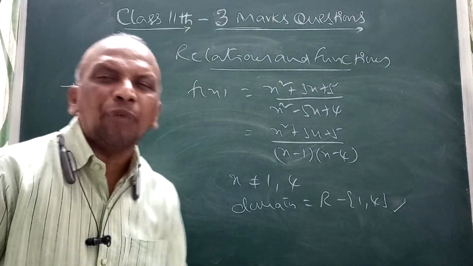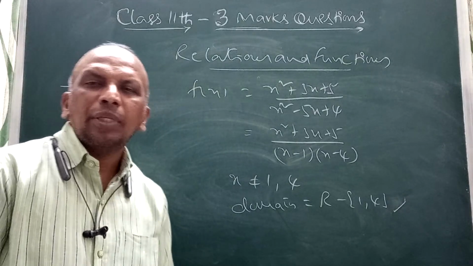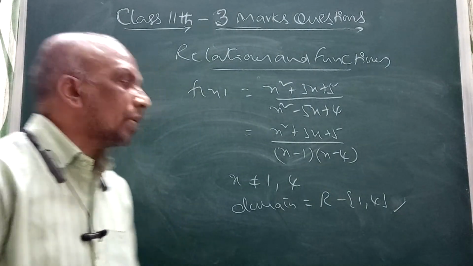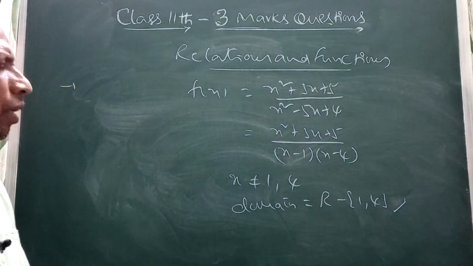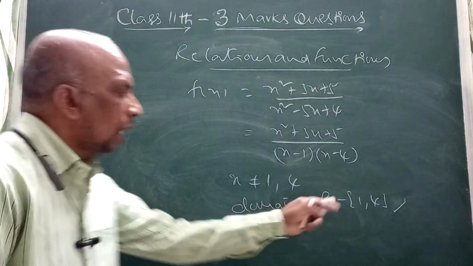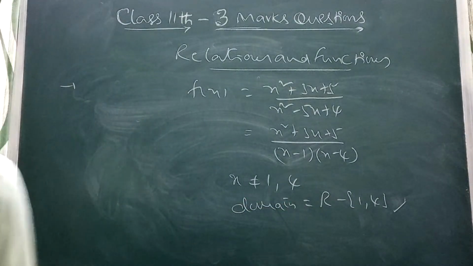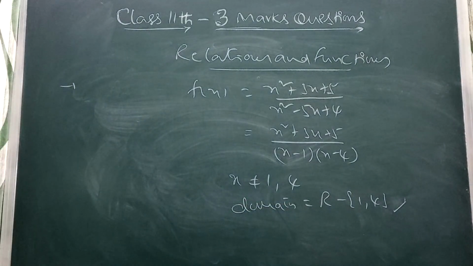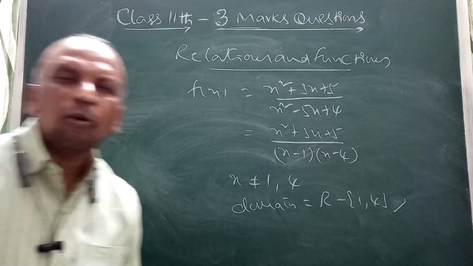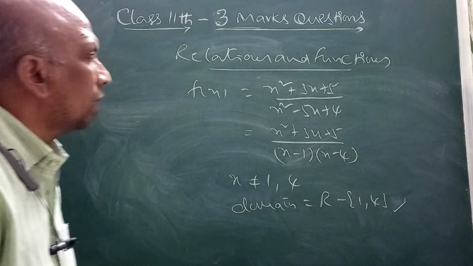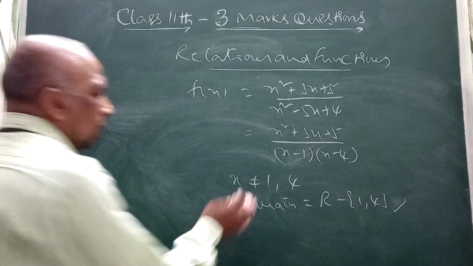When they ask for the range of this one, what can I consider? Suppose they ask the range of this function. We have a procedure here, which I will tell you now.